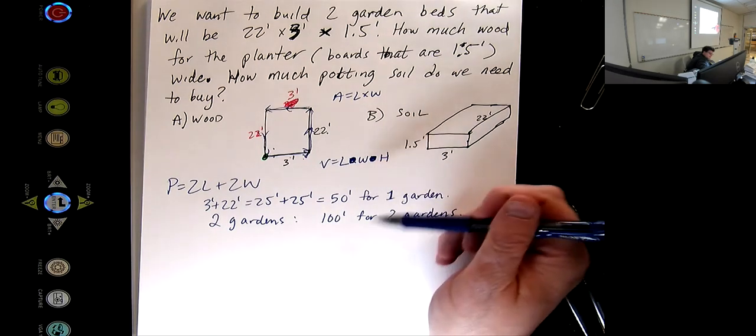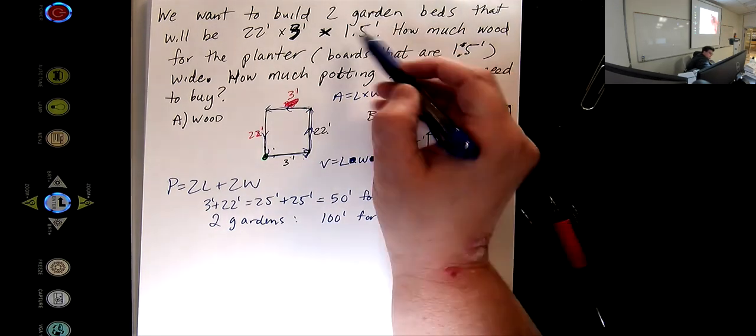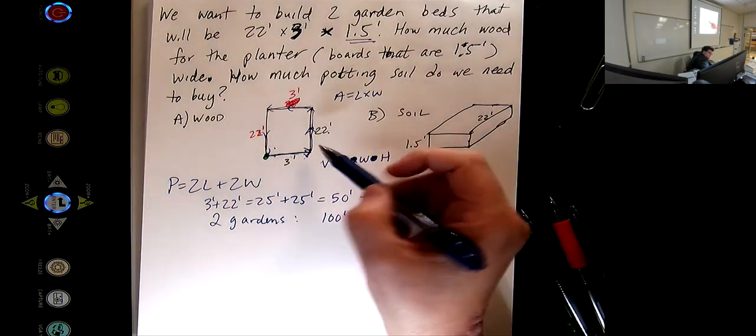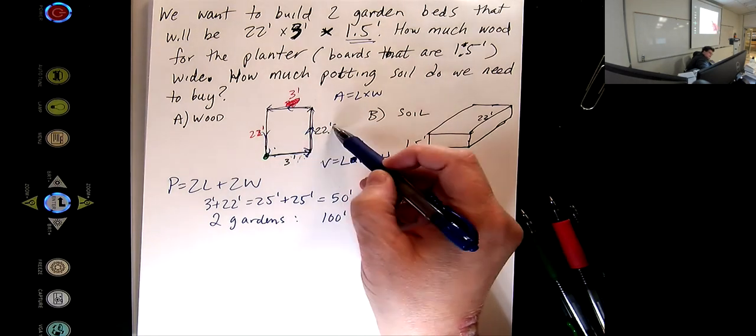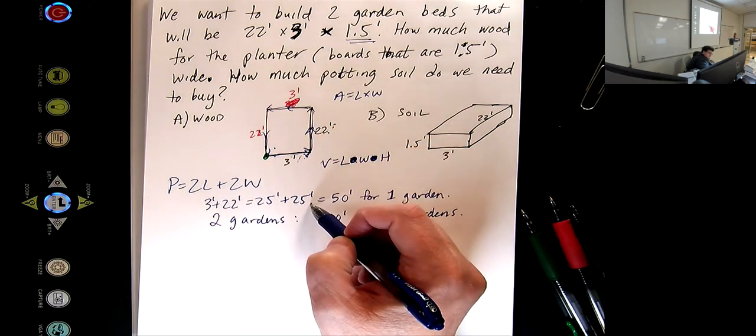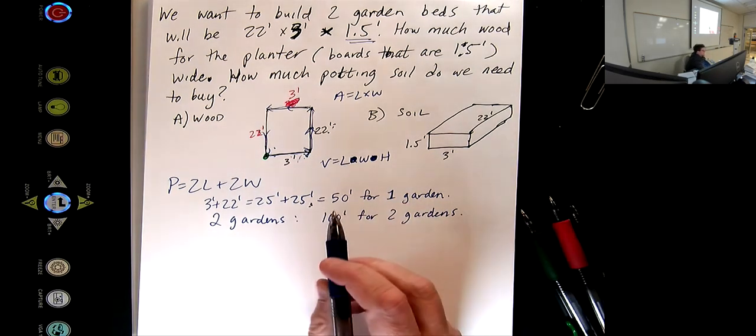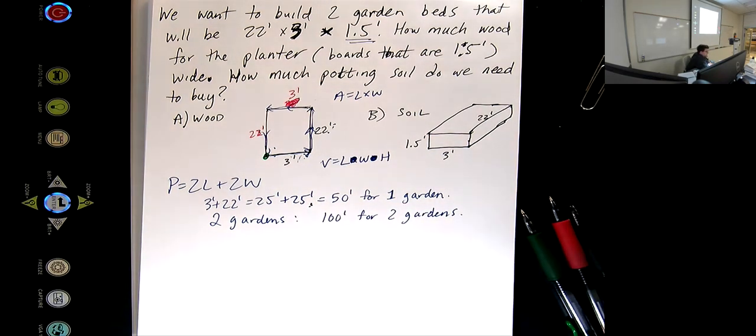So if we wanted to find the square feet of wood, we have to include this 1.5. Because perimeter, we didn't multiply them, we just added them. So when you're adding feet together, we didn't have feet times feet, we had feet plus feet, so we don't get double feet. Even if you multiply 2 times 3 or 2 times 22, you still get just feet, because the 2 didn't have feet in it.